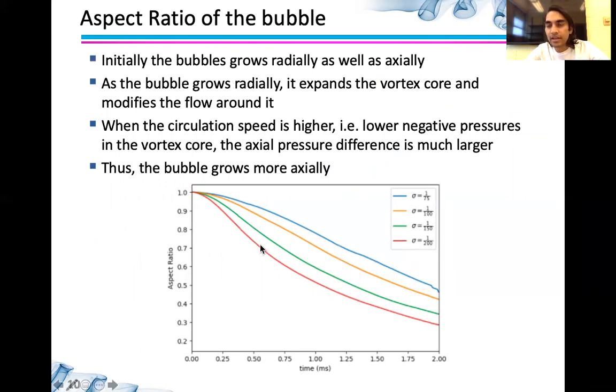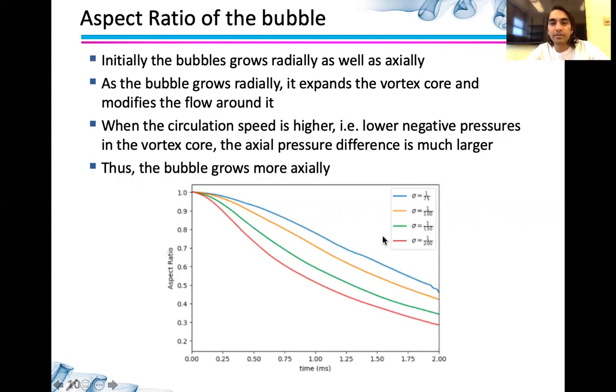So next, the aspect ratio over time of the bubble is plotted. The aspect ratio is given by the radius of the axisymmetric elliptical bubble divided by the half axial length of the bubble, and it can be seen that for the lowest cavitation number, we get the least aspect ratio, which means that the growth along the axial direction of the bubble is the maximum in the lowest cavitation number, and it's the highest in comparison for the larger cavitation number.